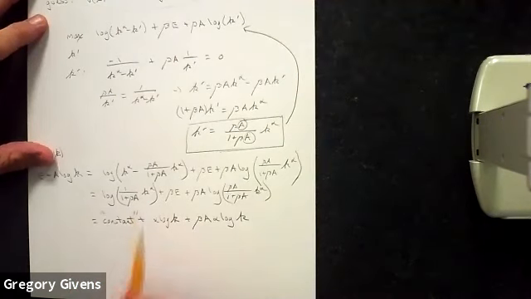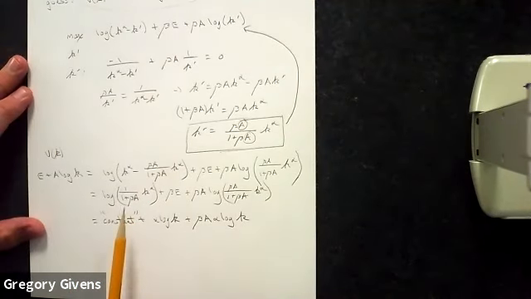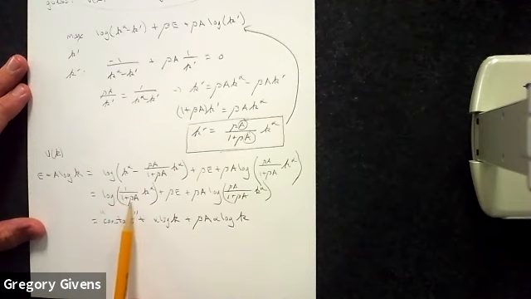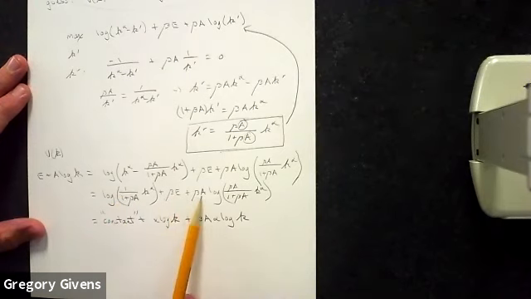This constant here is going to be complicated. It's going to be equal to the log of 1 over 1 plus beta a, plus beta e, plus beta a times the log of beta a over 1 plus beta a. That's the constant which we're going to match to e. I'm not going to do that, but you can. All I care about is matching the coefficients on the log of k. And so what must be true?